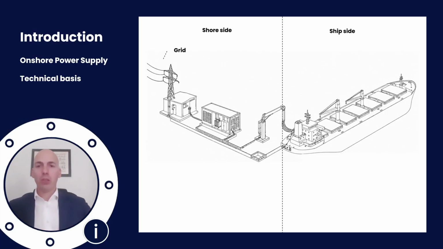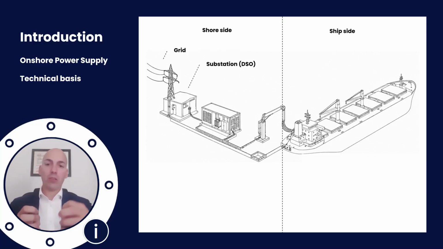More on that later. So we have first grid electricity. Then we have the substation. That's where the electricity comes into the terminal typically, or at least the place where we are in need of electricity. It can be the terminal, it can be at the quayside, it can be anything, but the DSO, the distribution system operator of the grid, typically more regional, medium voltage, is responsible for making sure that it all works.